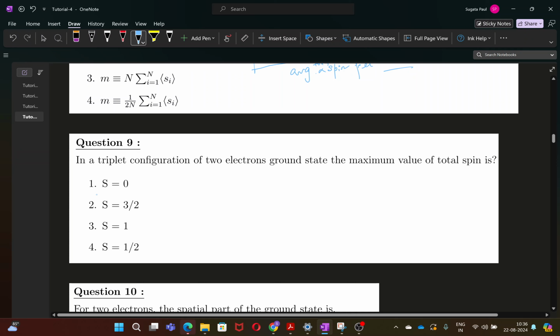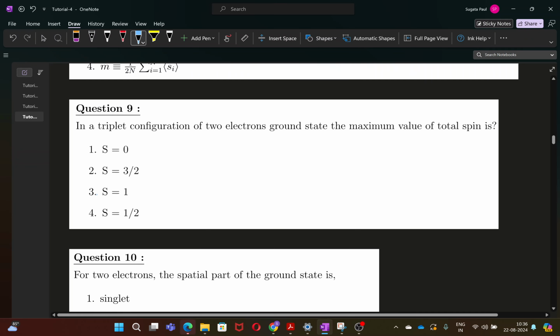Now question number 9 is: in a triplet configuration of a 2 electron ground state, the maximum value of total spin is what? The answer is very easy. It will be S equal to 1, because in a triplet spin configuration the S value is always 1. The spins are like either this or this, or the third one is this.